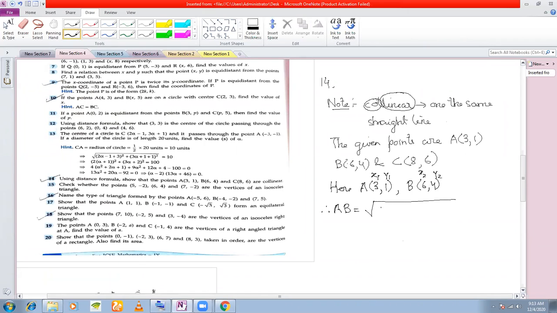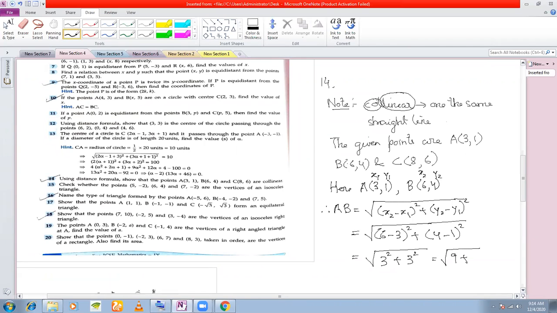So root over of x2 minus x1 square plus y2 minus y1 square, which is root over of 6 minus 3 whole square plus 4 minus 1 whole square, which is equal to root over of 3 square plus 3 square, which is root over of 9 plus 9, which is root 18.